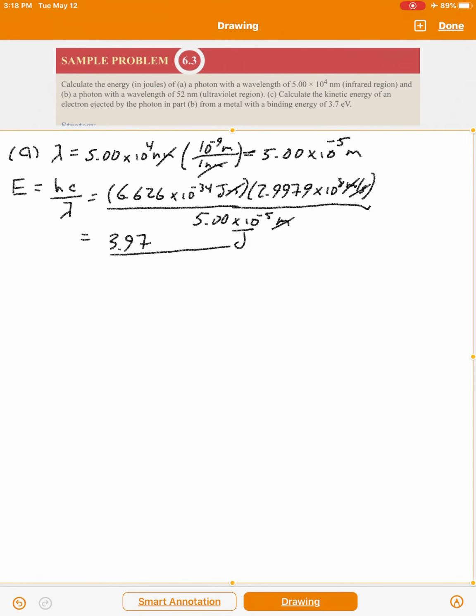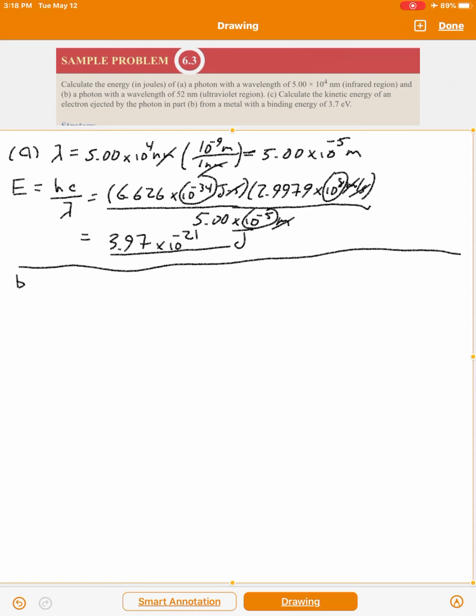Now let's do the powers of 10. 10 to the negative 34 times 10 to the 8th. You add the exponents. So that's 10 to the negative 26. Minus a minus 5. So negative 26 plus a 5 is 21. So 10 to the negative 21. And there's the energy of that particular photon. Okay. Now let's move on to part B.